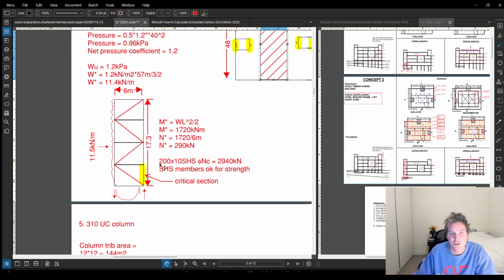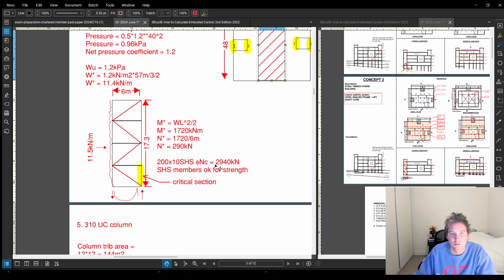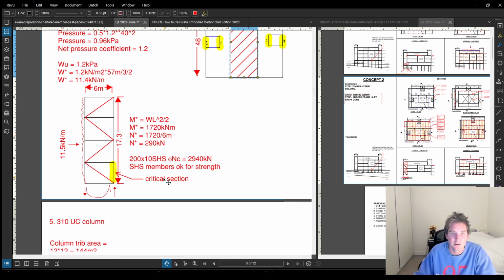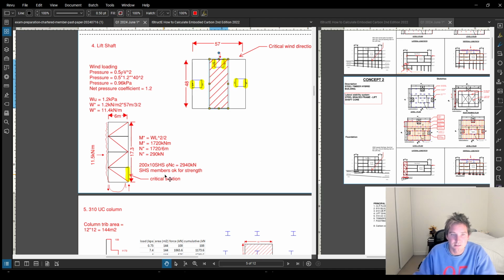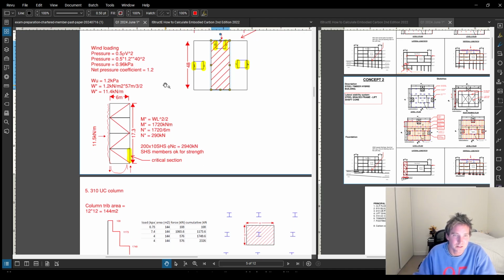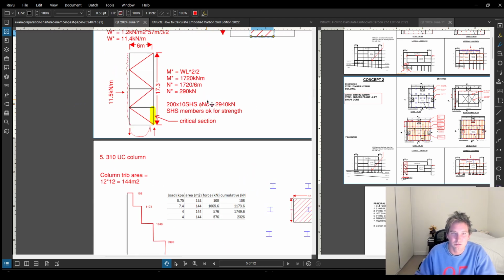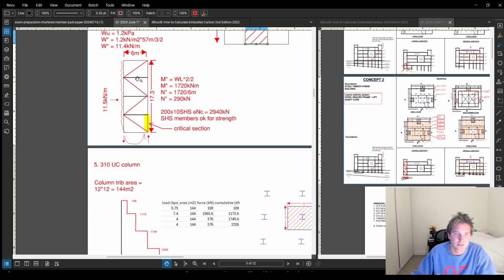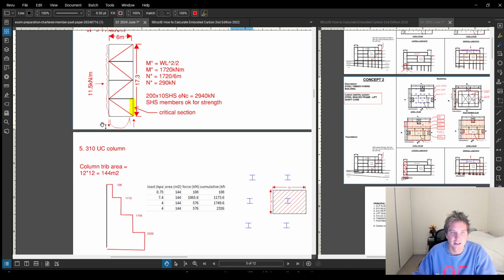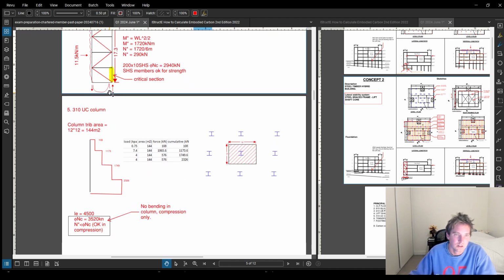And then I check the compression capacity for that effective length and get that. And yeah, I can tell that my member's okay. I don't worry too much about combined bending and compression in this because it's braced. So these diagonals are essentially taking the lateral load, and the verticals are taking the compression and tension.